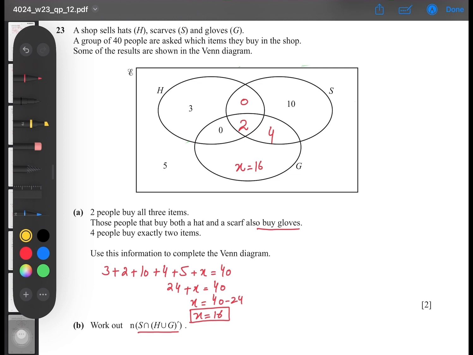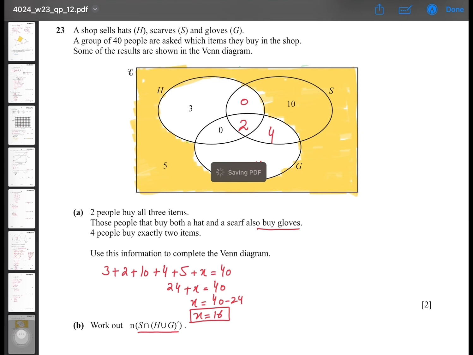So if I shade, so this is the H union G complement. So this is the part of H union G complement.